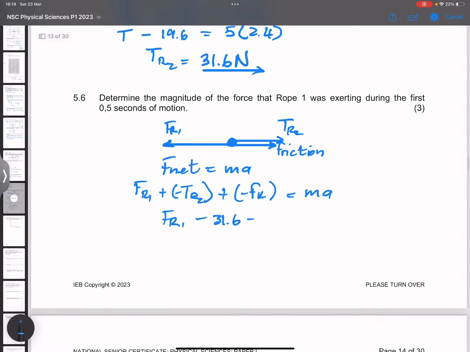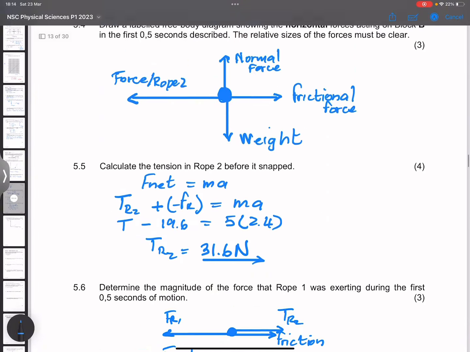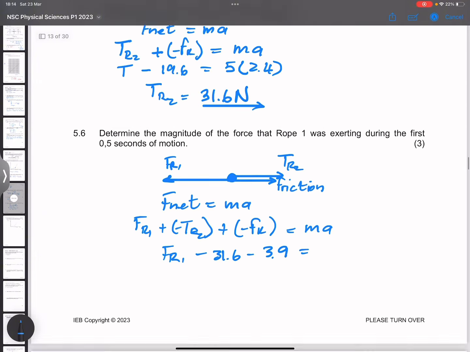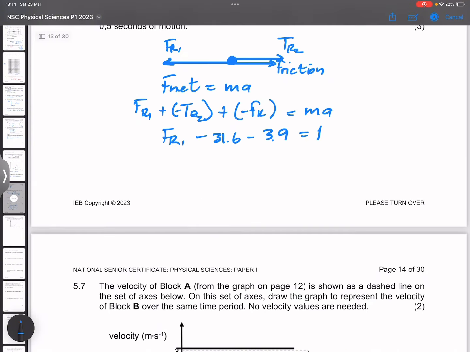So that's equal to the mass. The mass on the first trolley was 1 kilogram. So that's 1 times 2.4. Remember, the acceleration is still 2.4.